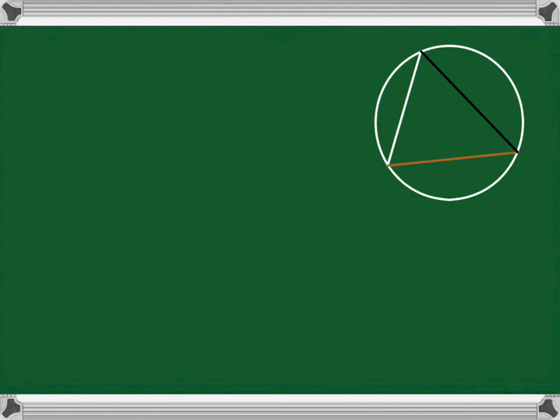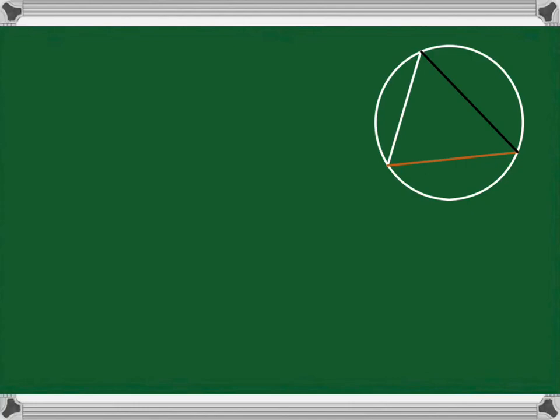The circle that touches all the sides of the polygon is called the inscribed circle. The center of the inscribed circle is called the incenter, and the polygon is called the circumscribed polygon.